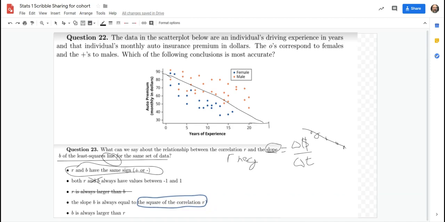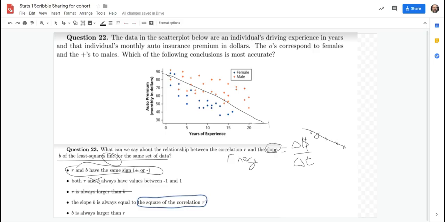It's the regression line. It has the actual slope in those actual units, right? B can't be equal to the square of the correlation. The square of the correlation in this example would be a positive number. And B, the slope of the line, is clearly a negative number. This doesn't even make sense. It's not even possible if you have a negative slope.